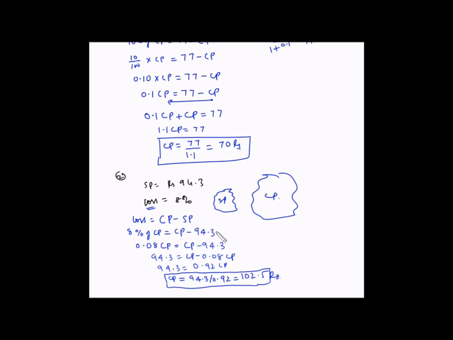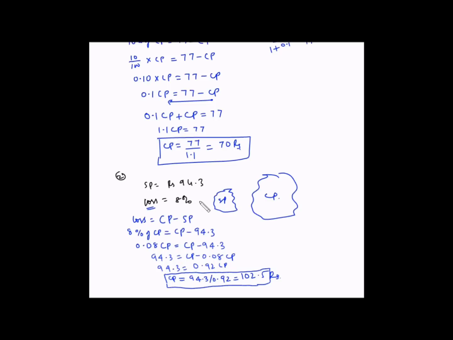So a quick validation is that our cost price should be bigger than our selling price because we are incurring a loss. So cost price is 102.5 rupees, selling price is 94.3 rupees.